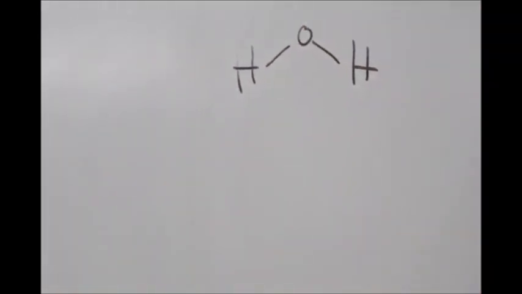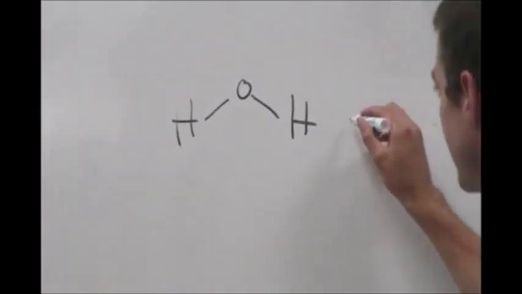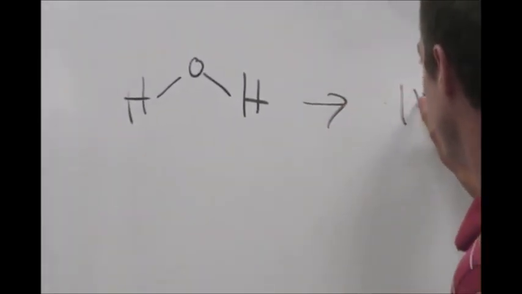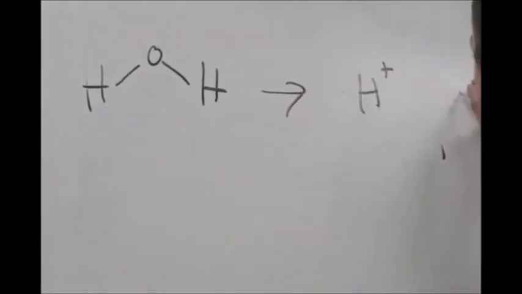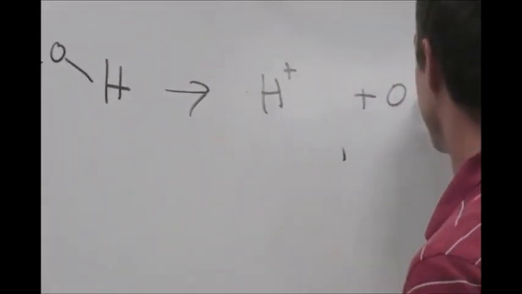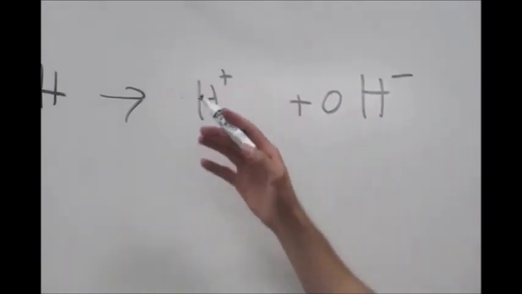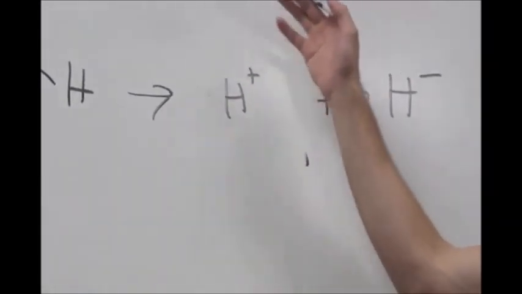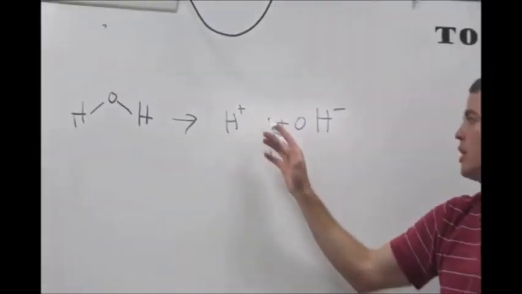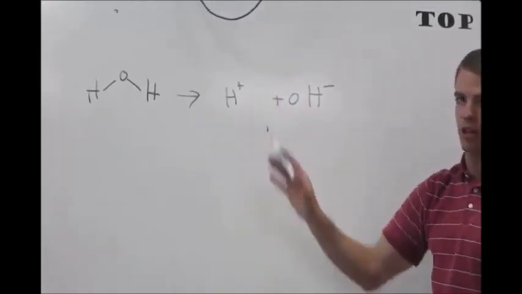And for simplicity's sake, let's say that this dissociates into the proton and the hydroxide ion. Remember, this actually does not exist. It's in the hydronium form, which is the H3O+. But for simplicity's sake, we're just going to leave it as H+, okay?